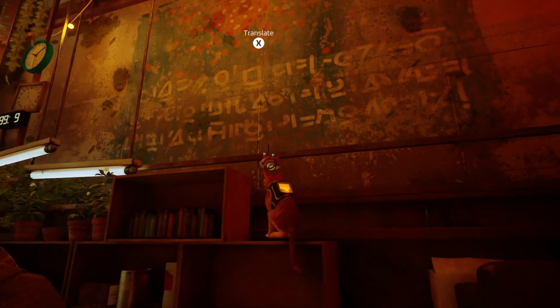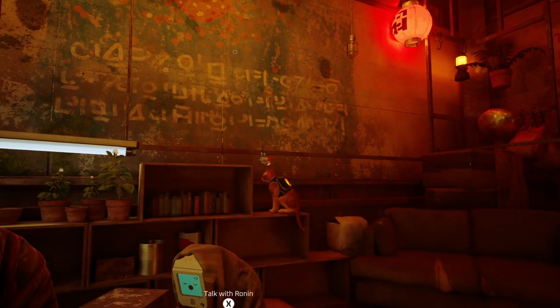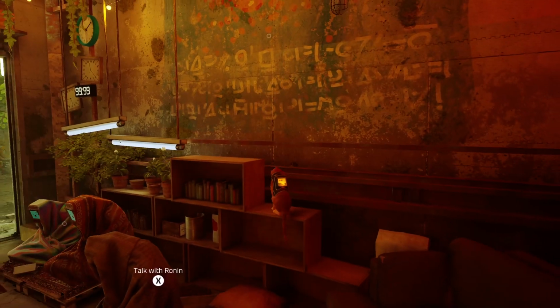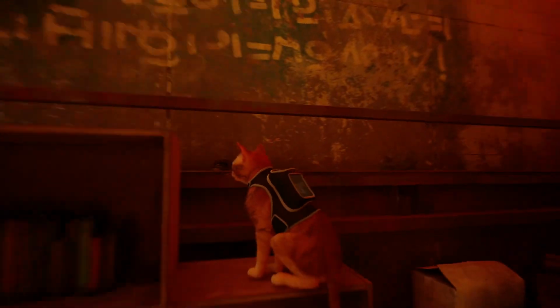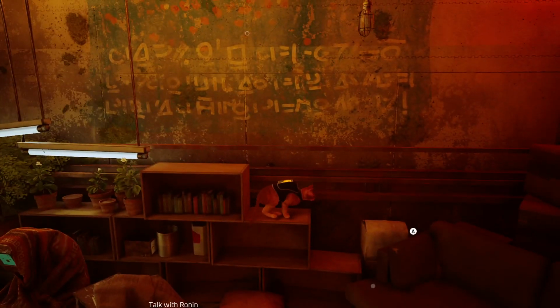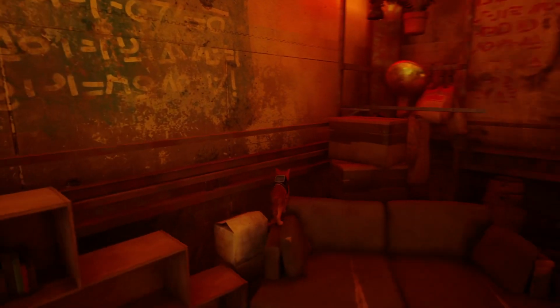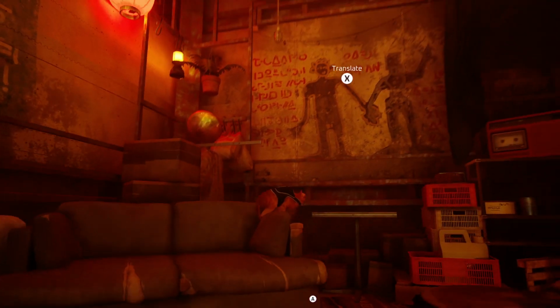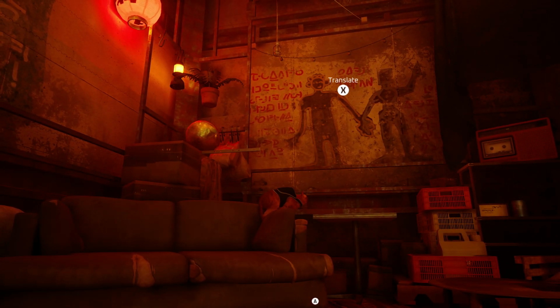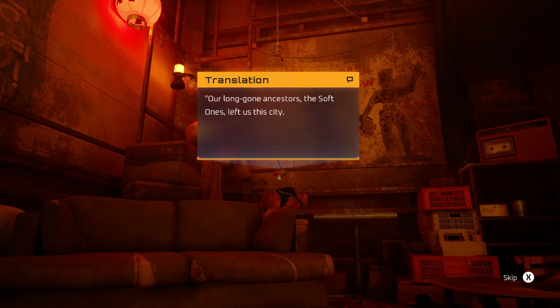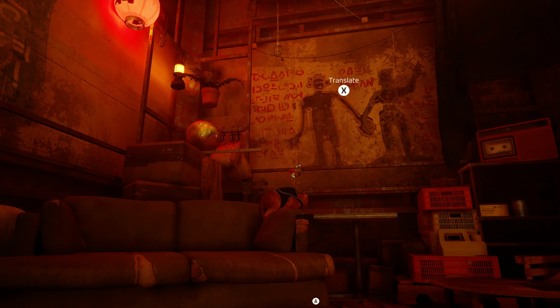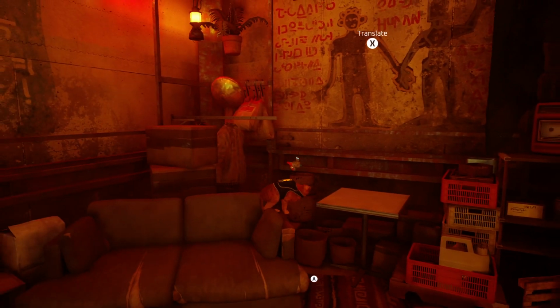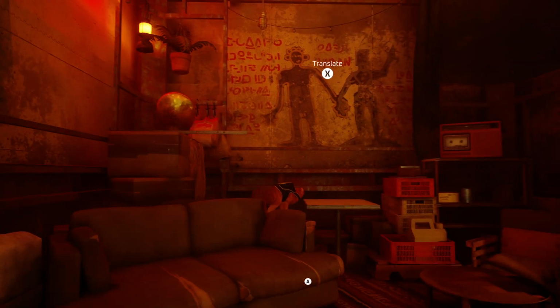Okay. So they're talking about the natural light, which I assume they mean the sun, but it's been so long they've kind of forgotten what the sun is. Our long gone ancestors, the soft ones, by which I assume they mean like humans, left us this city. Our home is their legacy.